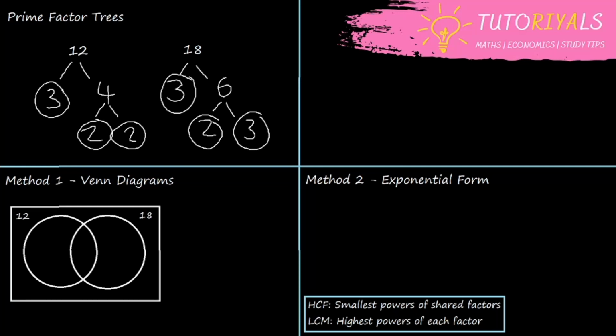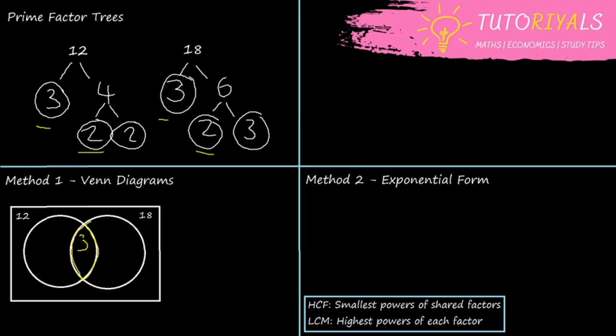Now, let's begin with the Venn diagrams method. When using the Venn diagrams, it's easiest to start with the intersection. This represents the common factors of both 12 and 18. Looking at our prime factor trees, we have 1, 3 in common, which we can pop into the middle. And we also have 1, 2 in common, which we can pop into the intersection too.